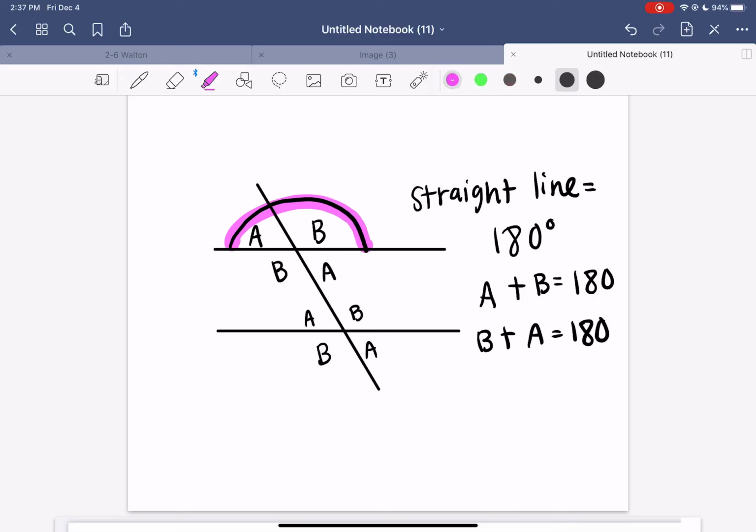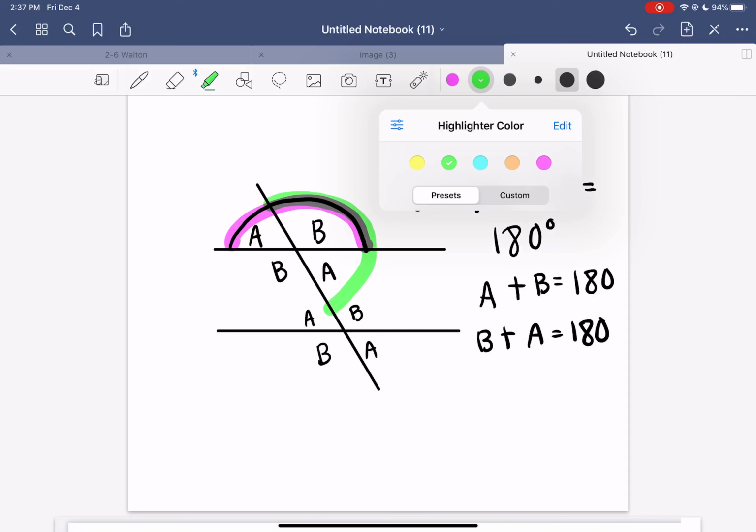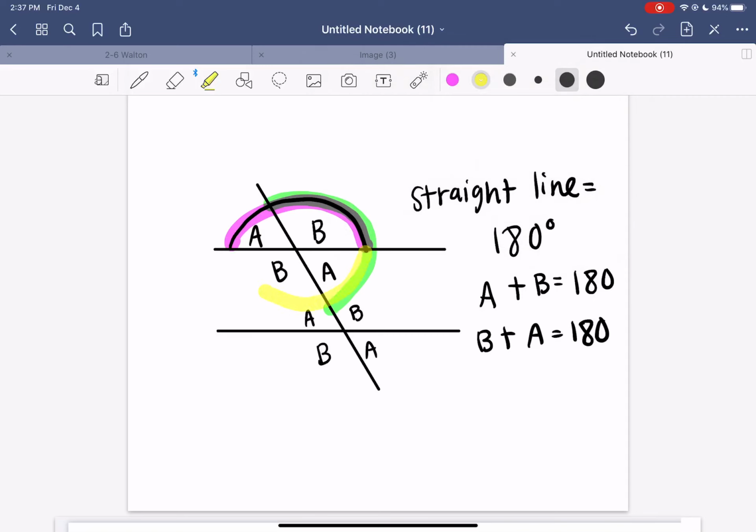So if we look here, I'm going to do it in green, B plus A is 180. Then just upside down, we have another A plus B, so A plus B is 180.